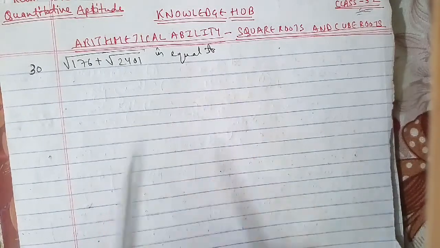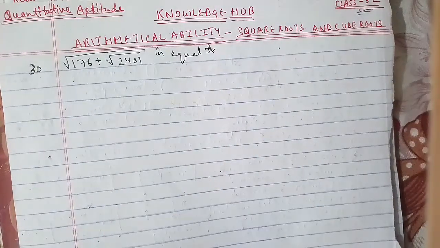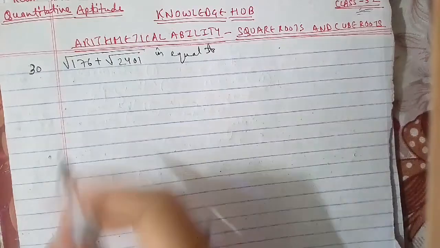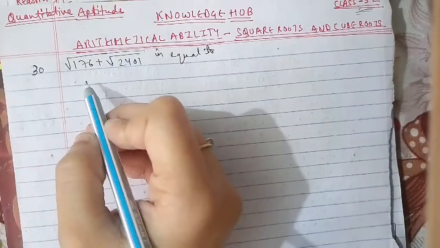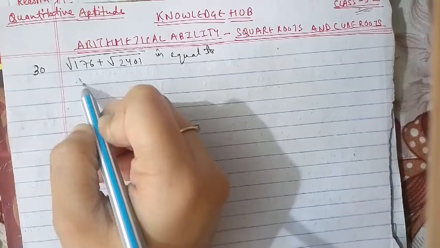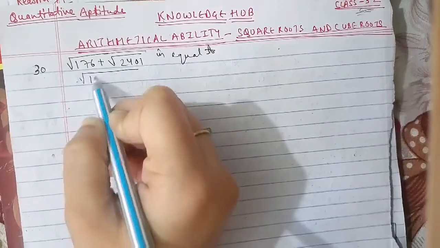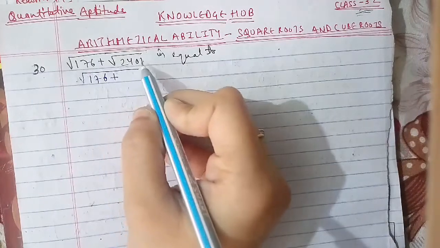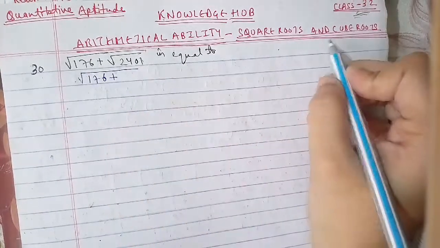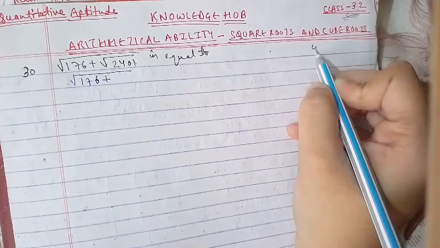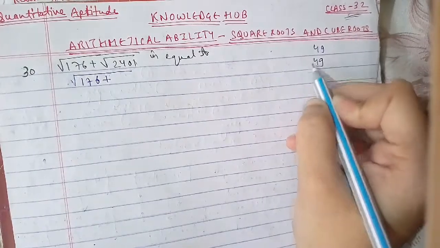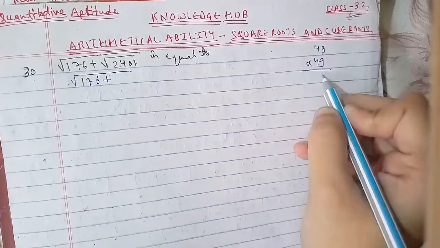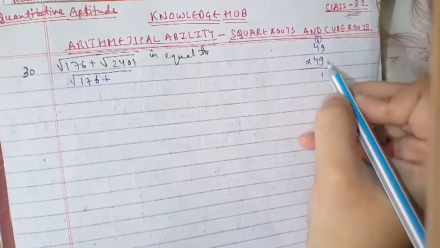First we will remove the roots and then find the answer. So this is 176 plus the square root of 2401, which is 49. If you don't know that, I will show you. 9 nines are 81, 1 8 carry, and 9 fours are 36, and 36 plus 8 is 44.